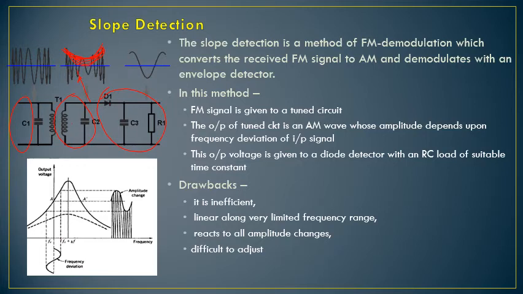Whenever positive voltages come to the diode, D1 will conduct, and according to the input voltage it will produce some voltage and charge the capacitor, and that voltage will be seen across resistor R1, which we consider as the output resistor. This is what we will get across R1. This is nothing but our modulating signal, which is the output of the envelope detector.